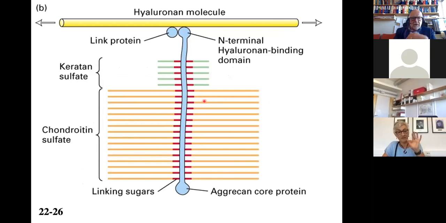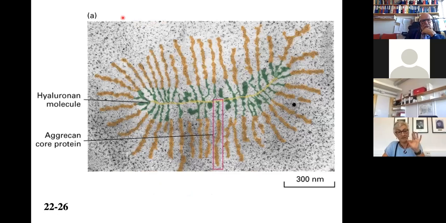And this is an example of the cartilage proteoglycan called aggrecan that forms large complexes where you have the glycosaminoglycan chains, which then interact with hyaluronan to form large complexes like here.